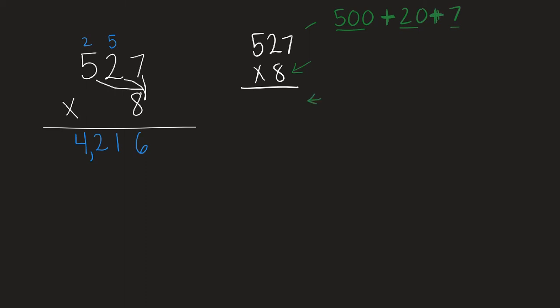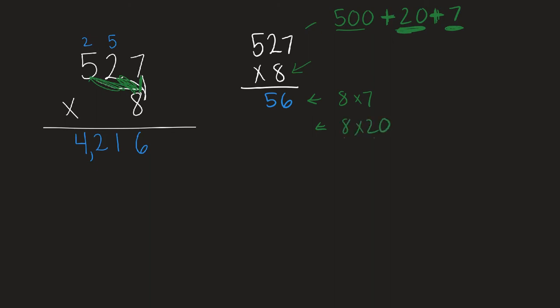So the very first one I'm going to do is, well, I could start with the 500, but I'm going to follow this pattern of ones, tens, hundreds. So I will do 8 times 7, that's this one over here, and that equals 56. Then I will go to my tens. So 8 times 10, 8 times 20, I'm sorry.